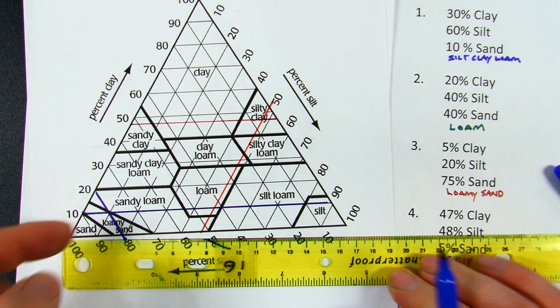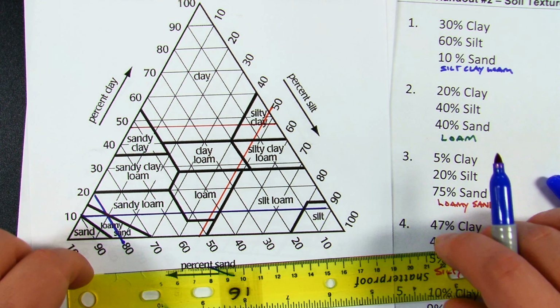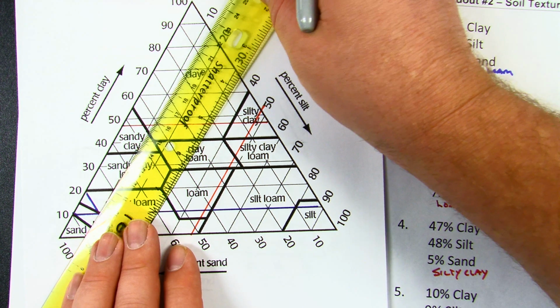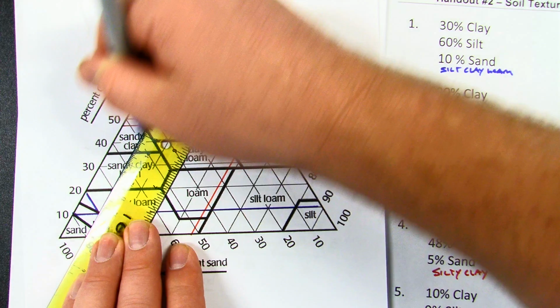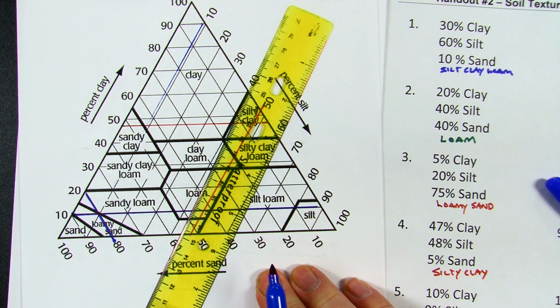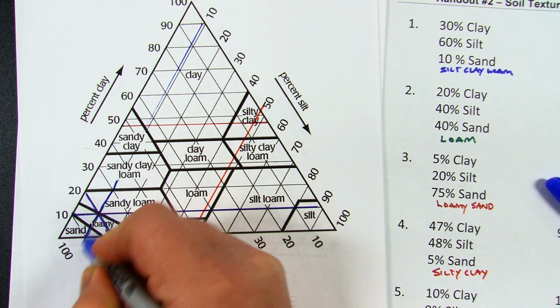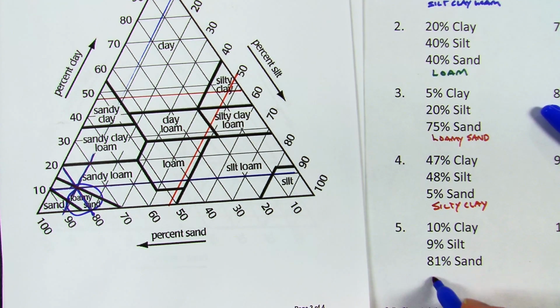Okay, once again, this is one that meets right on an intersection. So let's do the 9% silt. 9% silt is going to be just inside of that line. And we're going to call that one, since it's just on the inside of the line, loamy sand. So number 5 will be loamy sand.